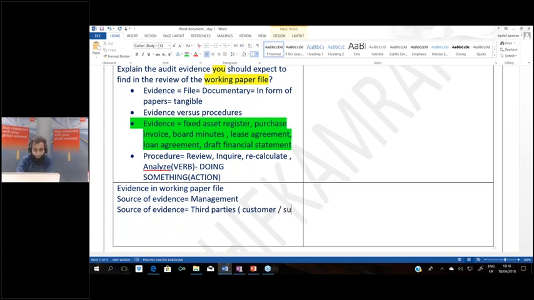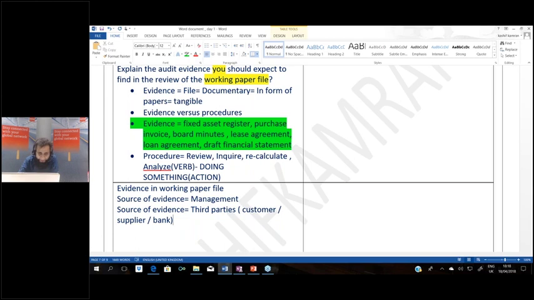Evidence can come from the suppliers. So I can directly correspond with the supplier, yes. Right? And evidence can also come from the bank, yes. So evidence can come from the management, right? The evidence can also come from the third party. But the evidence has to be in the form of papers, documents, from wherever it is coming from, right?